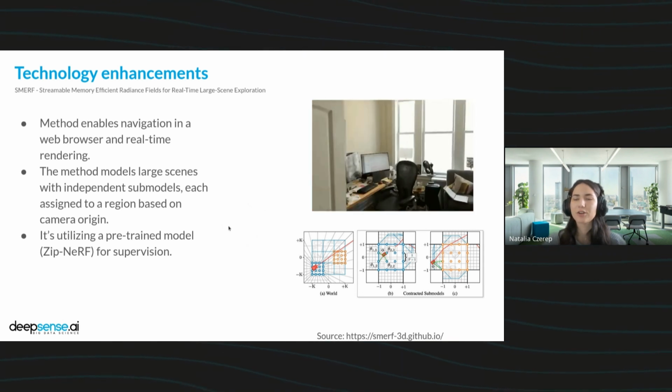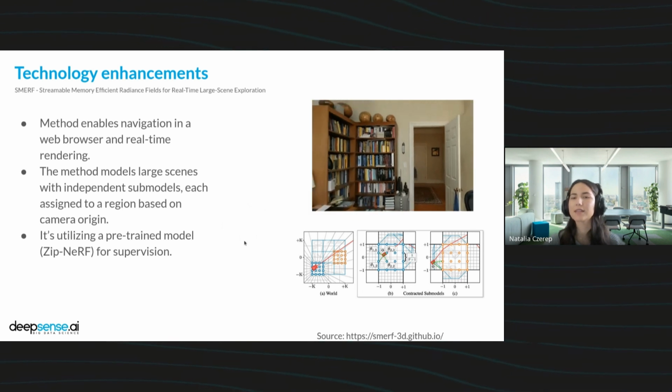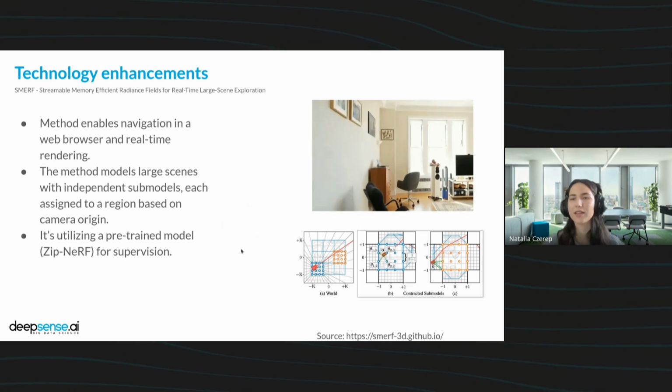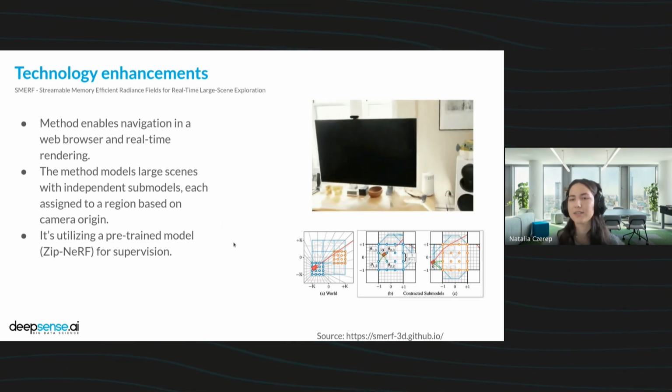I think it only shows that we can expect much more progress in the next months regarding this technology, and I think we at deepsense.ai are very excited to see that.